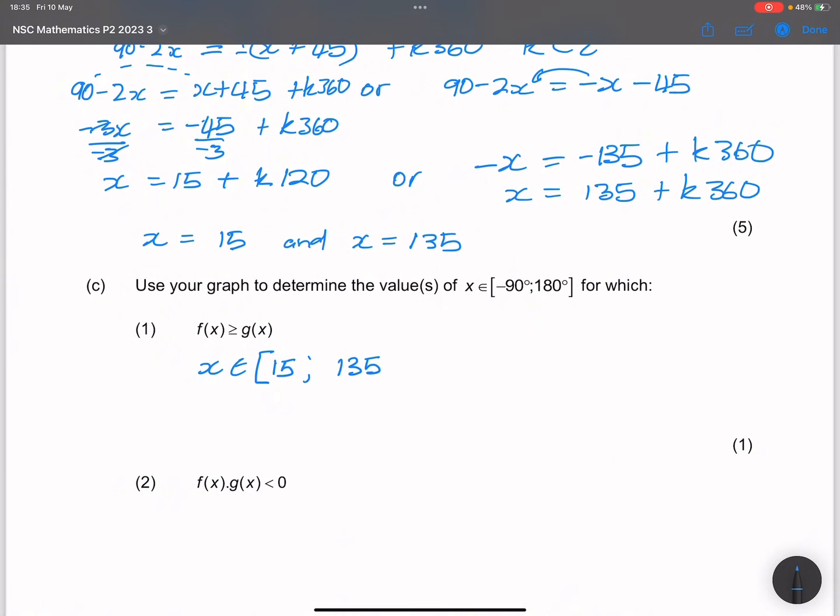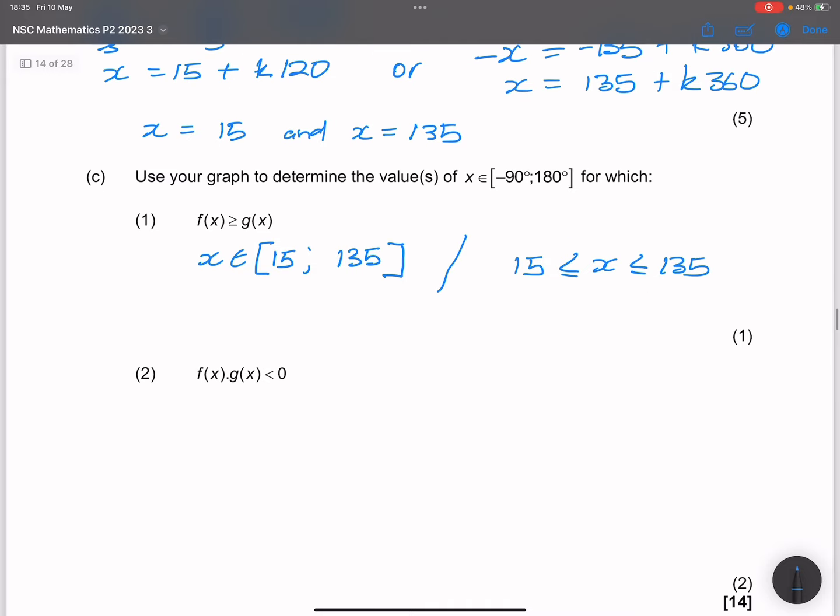Again, they are equal at that point, so I'm going to include it. You can also express it as x is less than or equal to 135, and greater than or equal to 15.